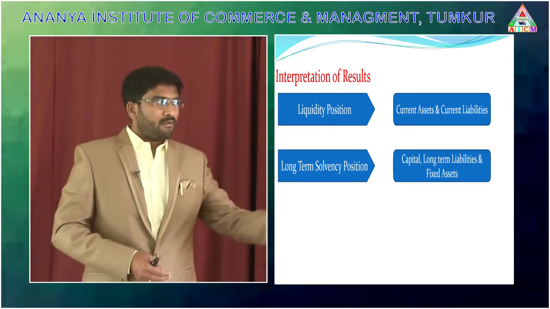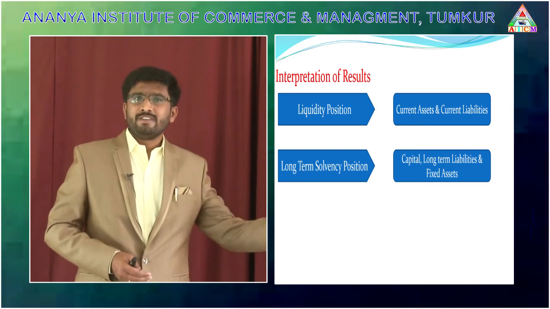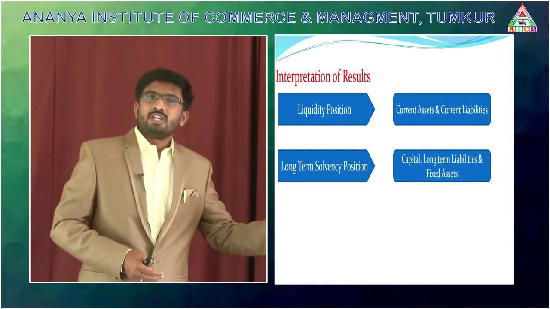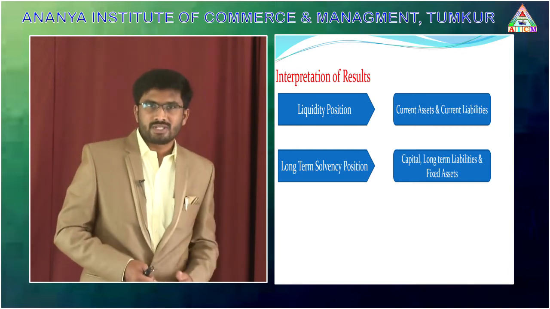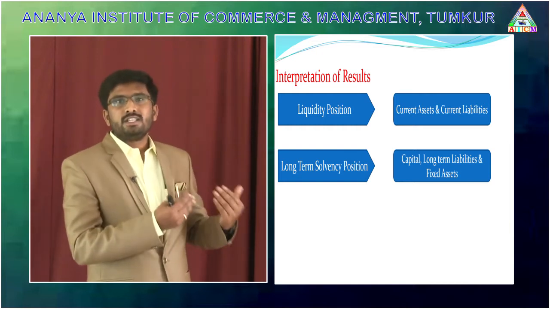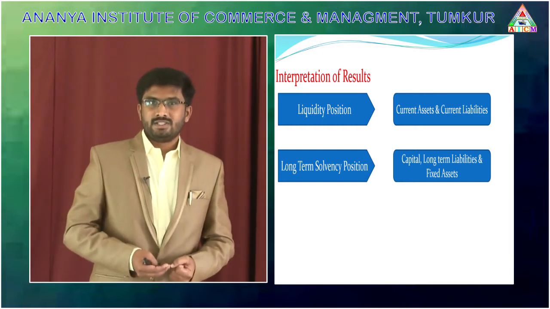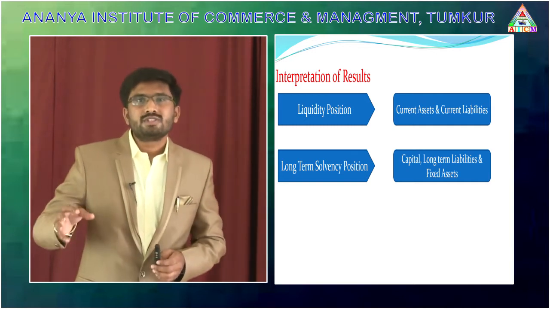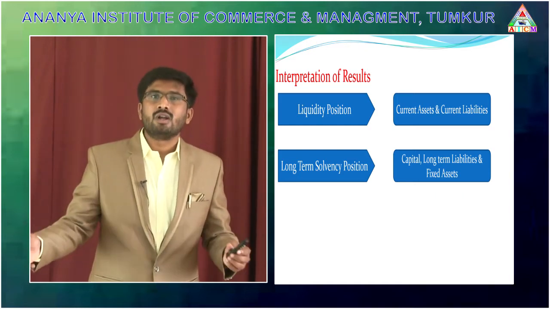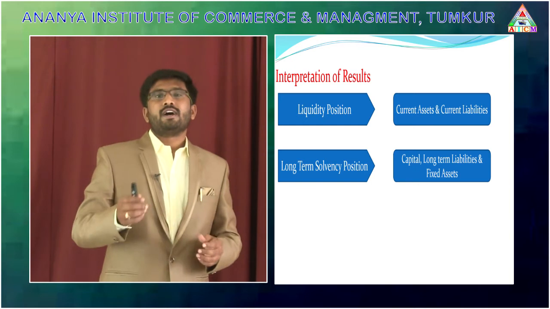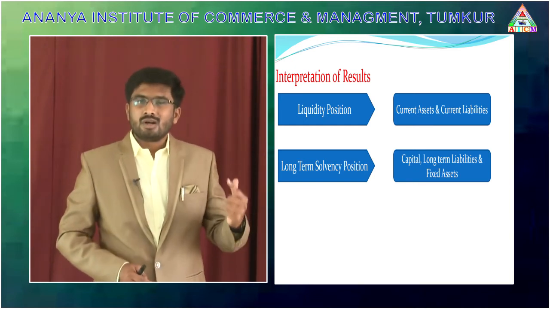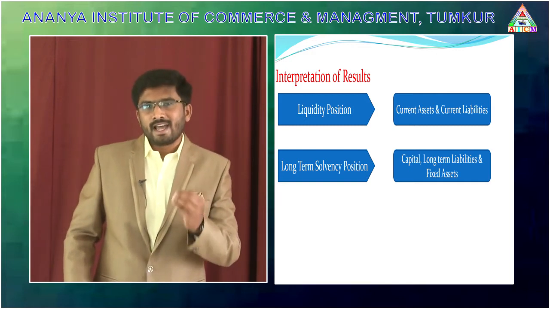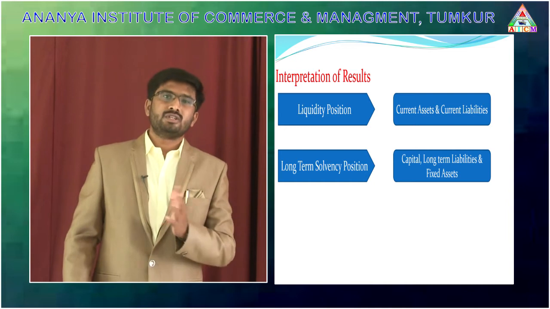That means whatever funds we collected from equity shares, preference shares, by issuing debentures, secured loans, unsecured loans or from any other financial institution, by this way we are collecting a huge amount of capital for the organization. Whatever funds we collected, we need to check whether these funds are used or invested in fixed assets or not. That's why we compare the capital and long-term liabilities with the fixed assets, in order to judge whether the company has a positive long-term solvency position or not.